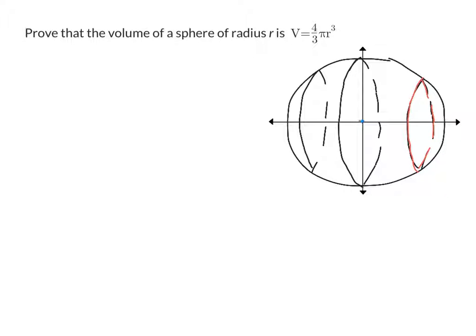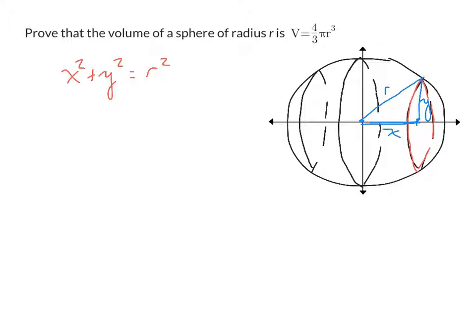So coming from 0, 0, I position this around 0, 0. It has a radius of r to the outside of the sphere. If this is the center of the circle, the distance over is some value of x, and the distance up to that point is some value of y. And by the Pythagorean theorem, we know that x squared plus y squared is equal to r squared.